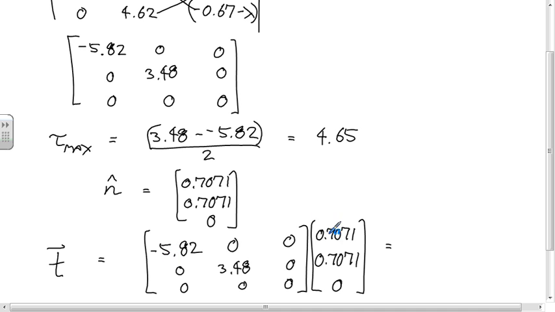Negative 5.82 times 0.7071 plus, yeah, so that's going to be, you're right, that's going to be the first component.